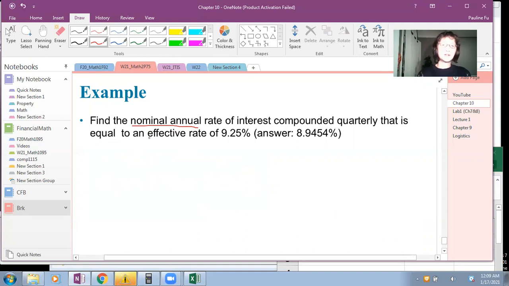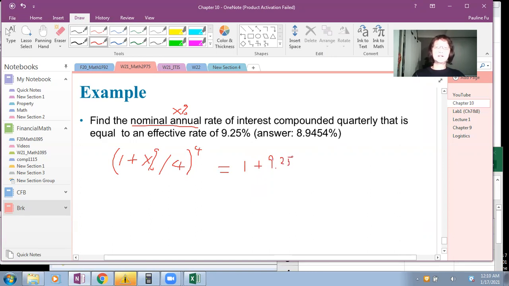X percent is my nominal rate, and then 1 plus X percent divided by 4, since it is compounded quarterly, raised to the power 4, should be equal to 9.25%.